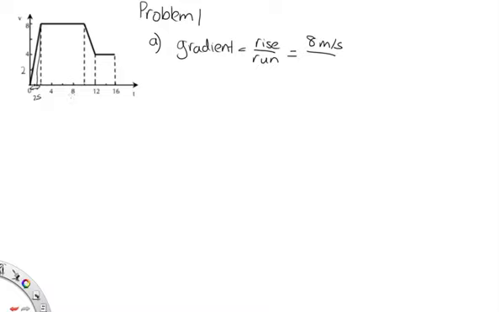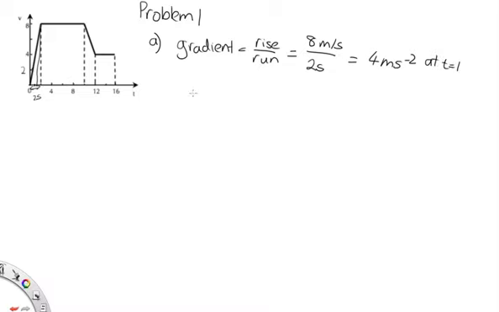So that's 2 seconds there. So the run is 2 seconds, and so this gives us 4 meters per second per second. It's worthwhile just checking the units as we go. Meters per second divided by second gives us meters per second squared, which is the correct units for the acceleration. This is at t equals 1.